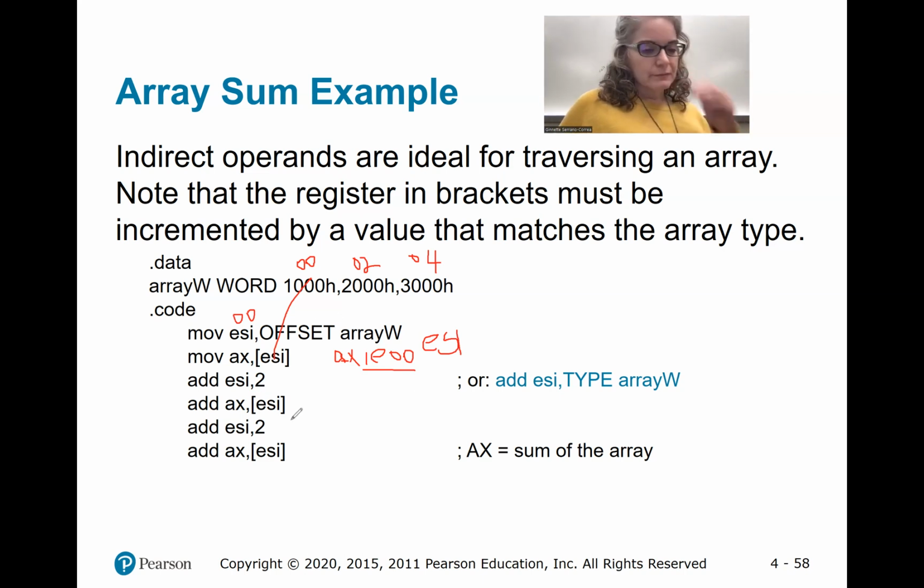So here we're adding 2 to ESI, which is the address. Here we're referencing what's in that address, which is 2000, and we add it to AX, so 2000 plus 1000. And then we dereference again, so we add 3000 to what we had added here.